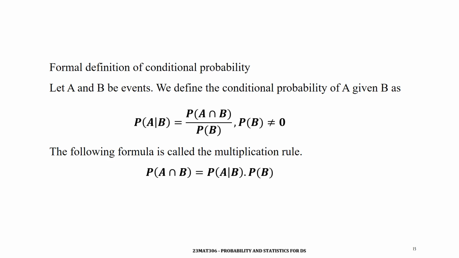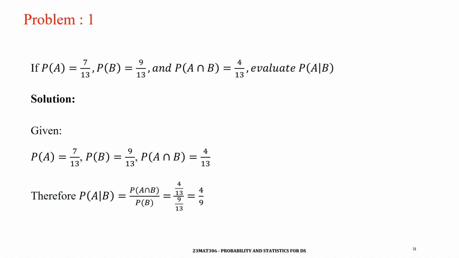This leads to the multiplication rule, which helps us to calculate joint probabilities easily. So, these are the basic problems that involve the formula of probability of A given B, which is probability of A intersection B divided by probability of B.